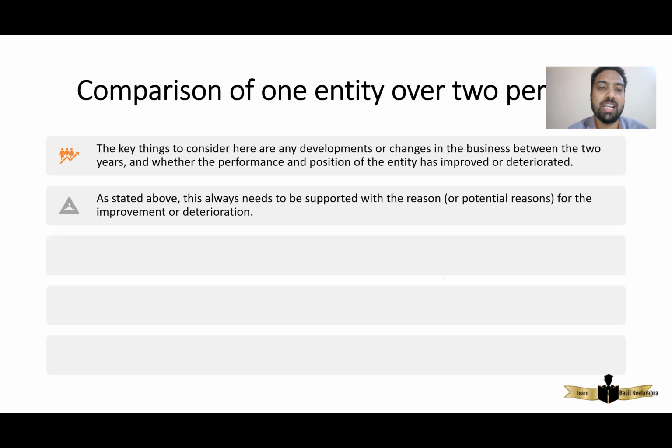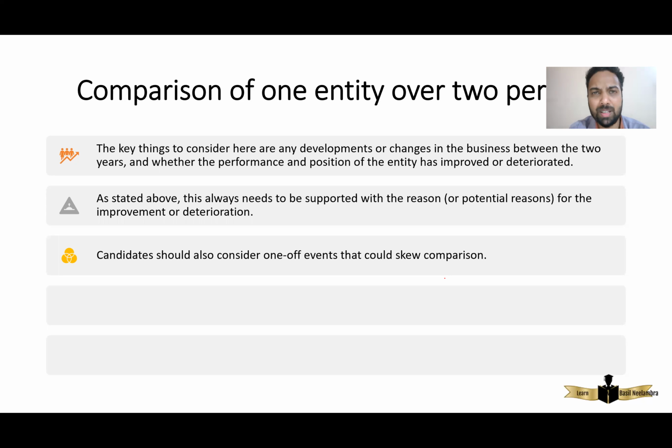And there will be certain one-off events. There will be certain items that are non-recurring, that happen only in this year, or that happened only in the past year. It can be redundancy; a few employees might have been let go, etc. So when you're comparing, make sure both the current year figures and previous year figures are comparable. You have to remove one-off events.